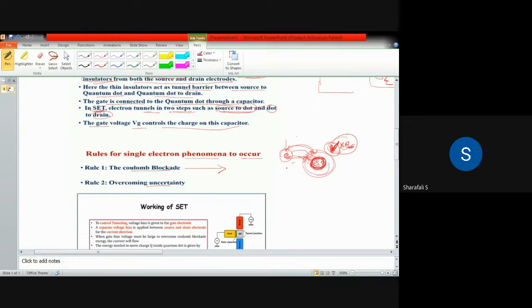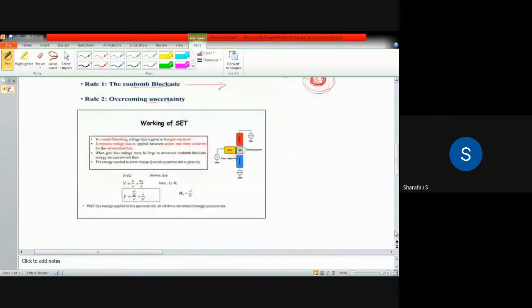So in order to explain that, first we'll consider this working. As you can see here, to control tunneling, voltage bias is given to the gate electrode. So we have some voltage here for the gate. Hope you can see this.